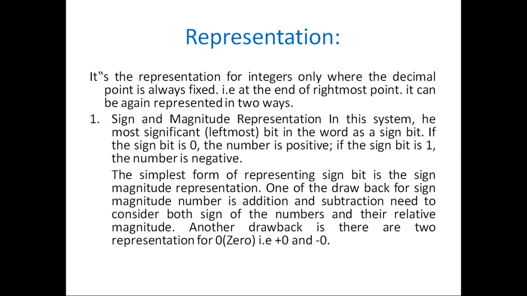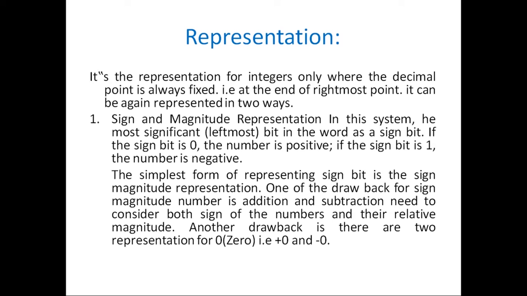Then coming to the fixed point representation, it is the representation for integers only, where the decimal point is always fixed at the rightmost end. It can again be represented in two ways. The first one is the sign and magnitude representation. In this system, the most significant or leftmost bit in the word works as a sign bit.